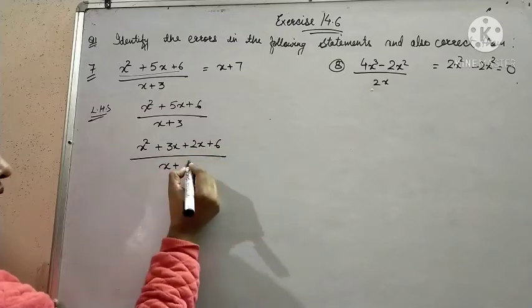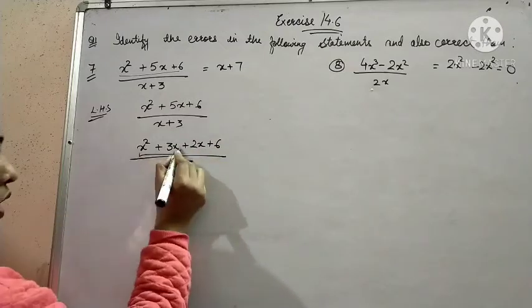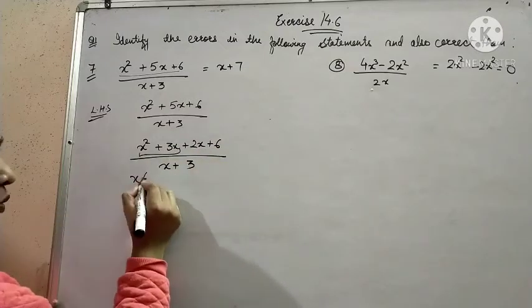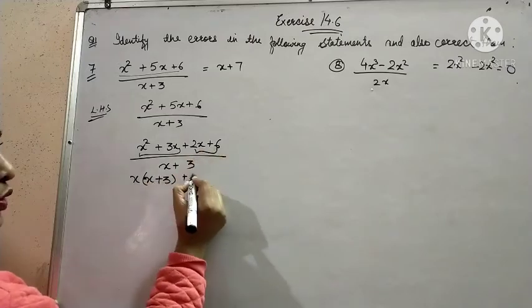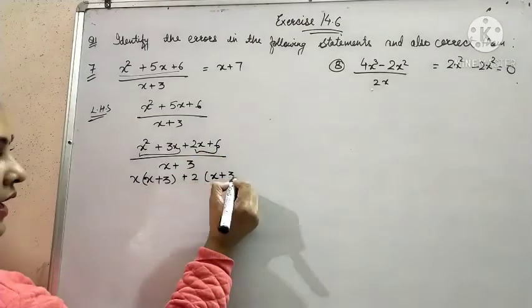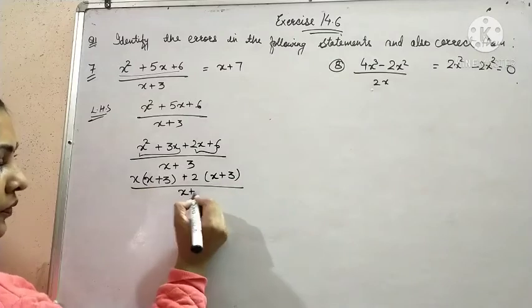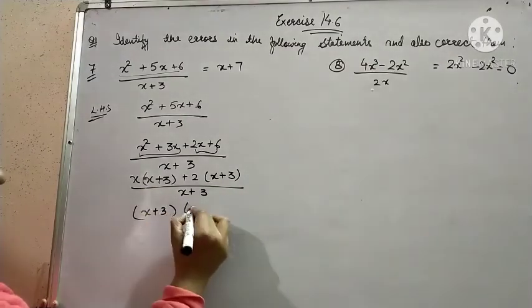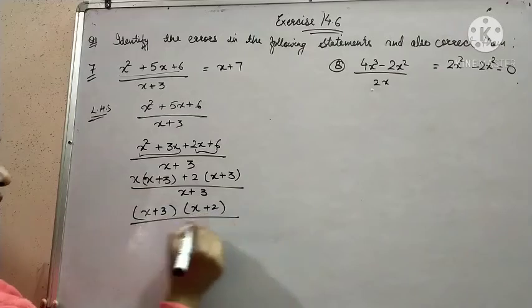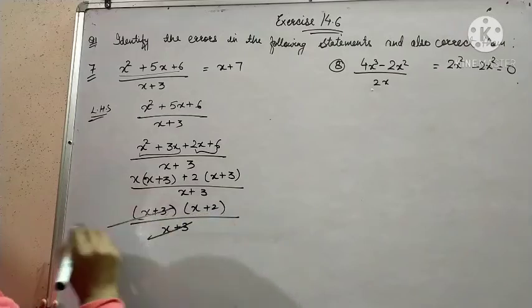(x² + 3x + 2x + 6) upon (x + 3). Now out of these, x is common, what will be left? x + 3. Out of these two, 2 is common, what will be left? x + 3. Now see, x + 3 is common, (x + 3)(x + 2) upon (x + 3).